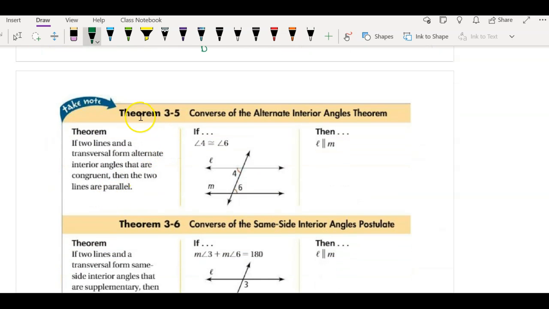Okay, let's look at theorem 3.5. It's the converse of the alternate interior angles theorem. Angle 4 and angle 6 are alternate interior angles, and it says if the alternate interior angles are congruent, then the lines are parallel.